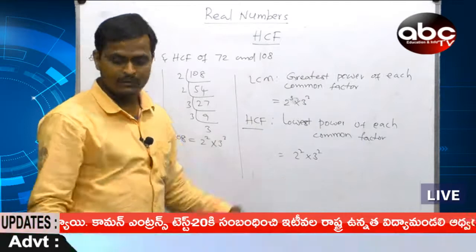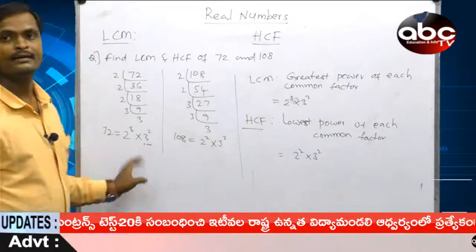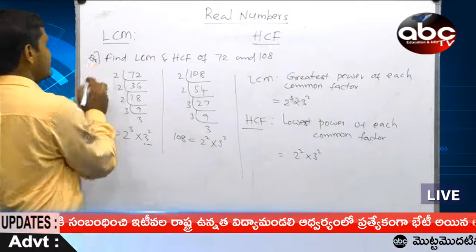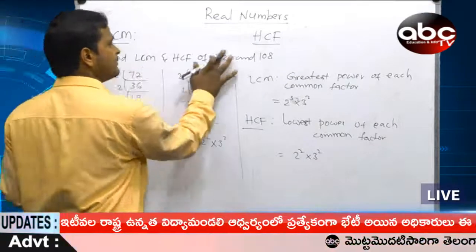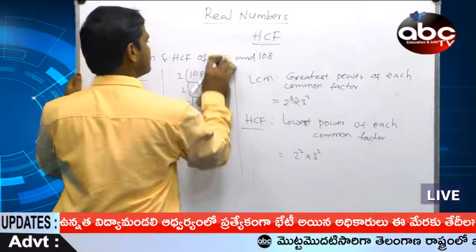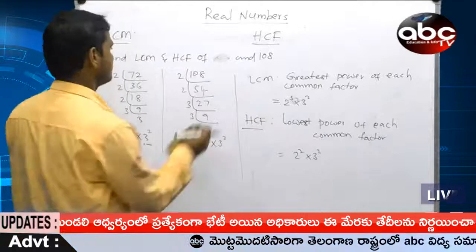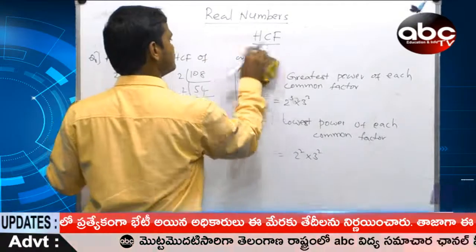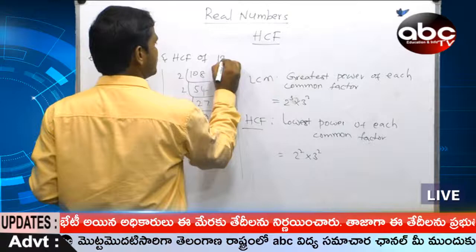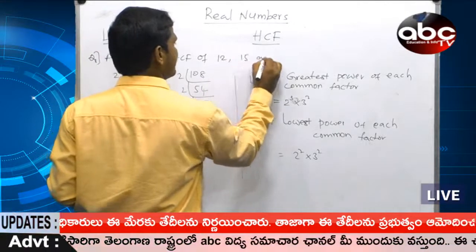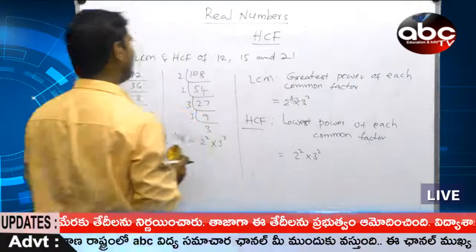See one more example. Is it clear? Second question: find LCM and HCF of 12, 15 and 21.